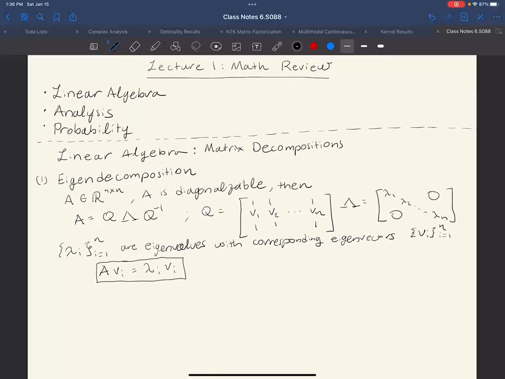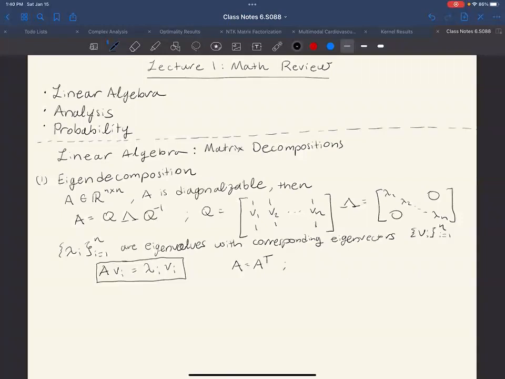Okay, and so maybe before I get into that, one thing to note is that not every real valued matrix has an eigen decomposition. But in this course, we are going to be working with ones that do, and in particular, if you have a real symmetric matrix, so if you have A equals A transpose, then this matrix is always going to have an eigen decomposition. So in fact, in the symmetric case, we actually have a little bit more.